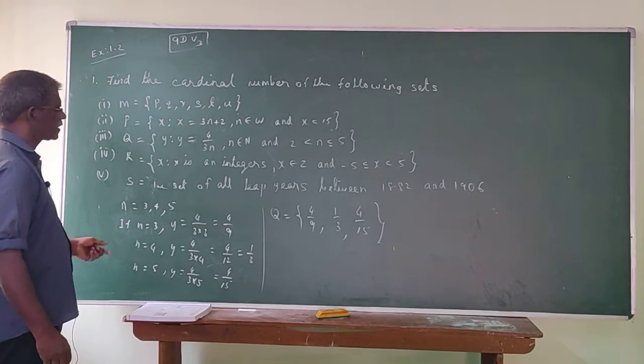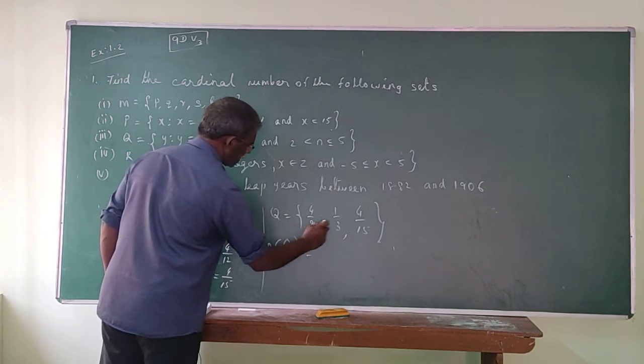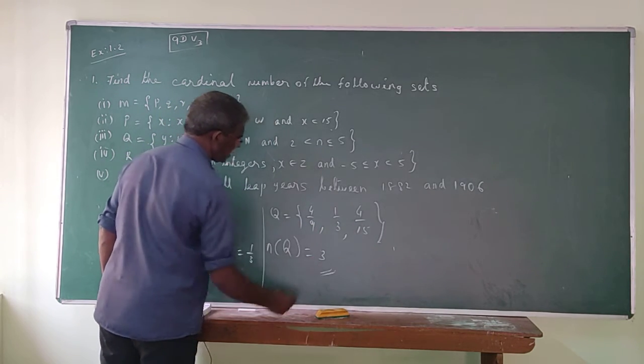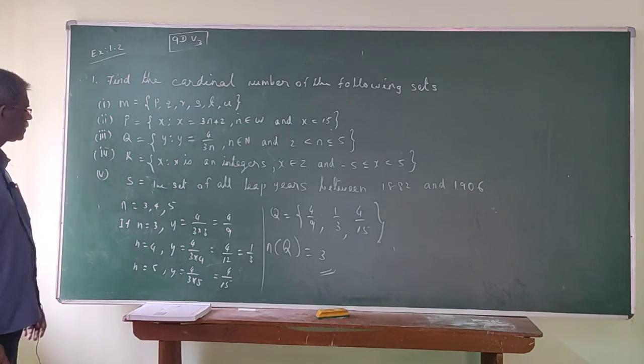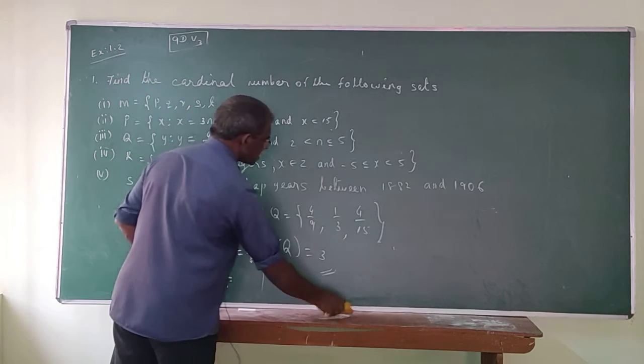This is the answer. Therefore, n of Q, the cardinal number of Q, is equal to 1, 2, 3. Answer 3 only. Then question number 4.